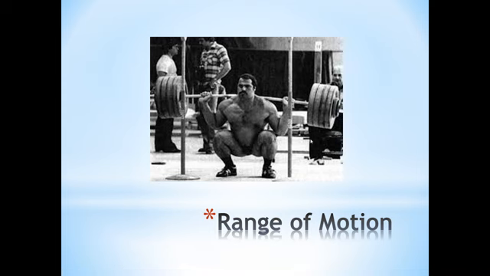Now, what is normal extension range of motion? Well, when we measure it as straight, we measure that as 0. So 0 degrees is full extension at the tibiofemoral joint. Is it possible to be hyperextended? Normal range certainly can be as much as minus 10 degrees, or 10 degrees past full extension.